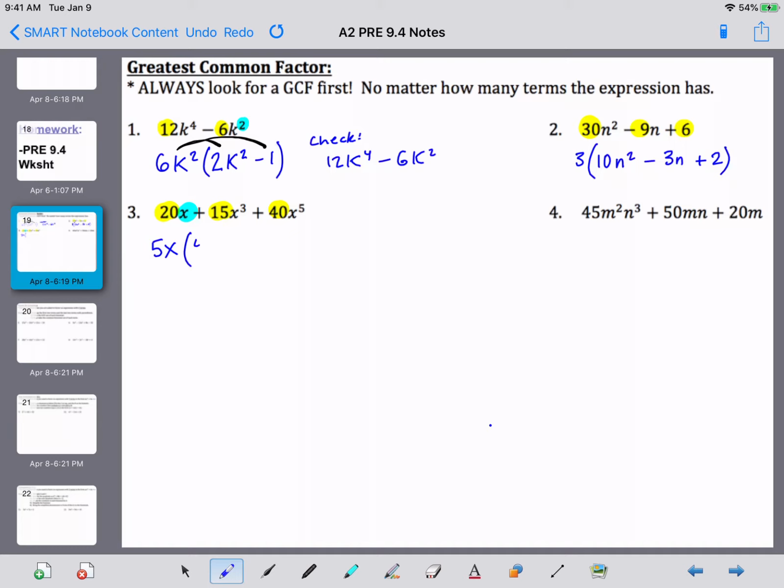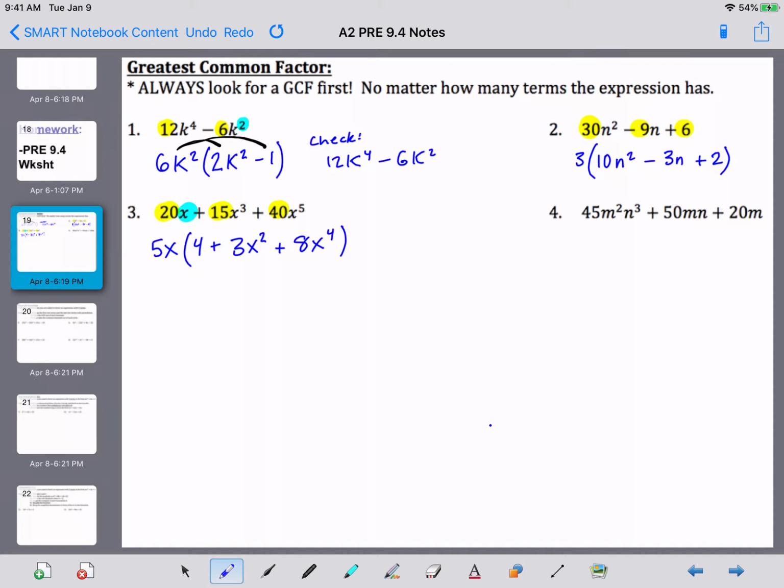Then I'm left with 4. If I took the x out of 20x, I'm just left with the constant. And then 15 divided by 5 is 3. I took 1 x out, so I have x to the power of 2. 40 divided by 5 is 8, and then x to the power of 4, since I took an x out.